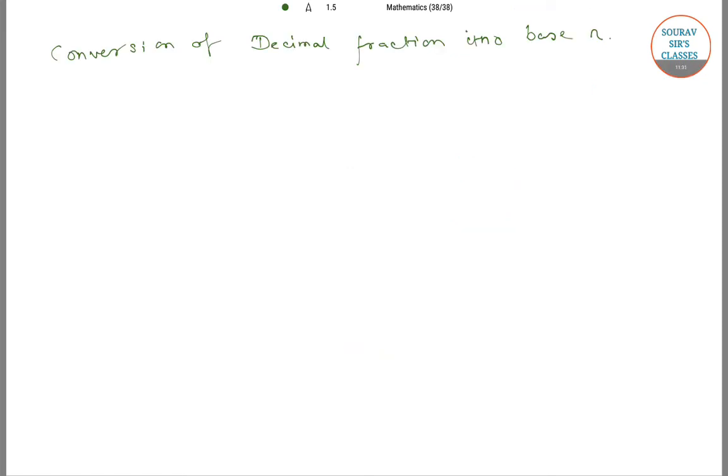Next is conversion of a decimal fraction into a number system with base n.